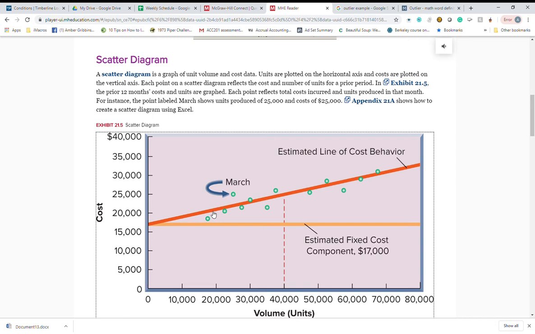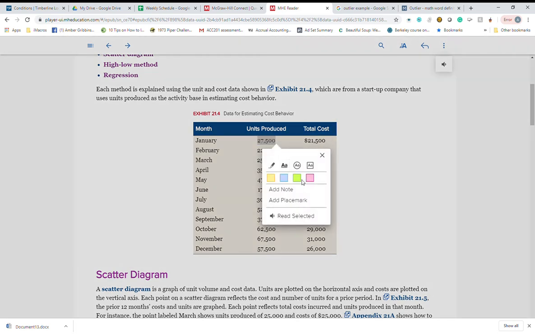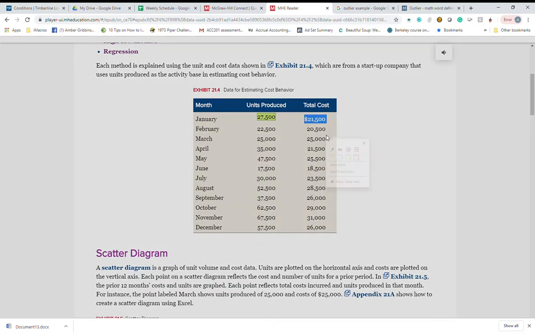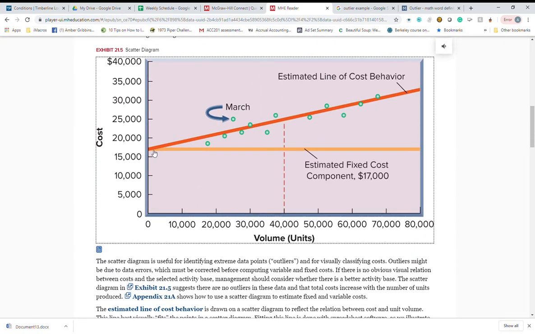You can do it on a piece of graph paper, and set your own increments, like $5,000 and $10,000. You can see right here, units produced, total cost 27,500, and then total cost of 21,500 right here. Units produced 15,000.